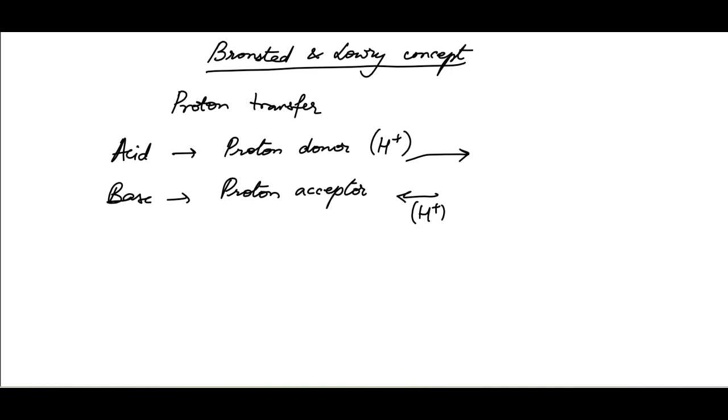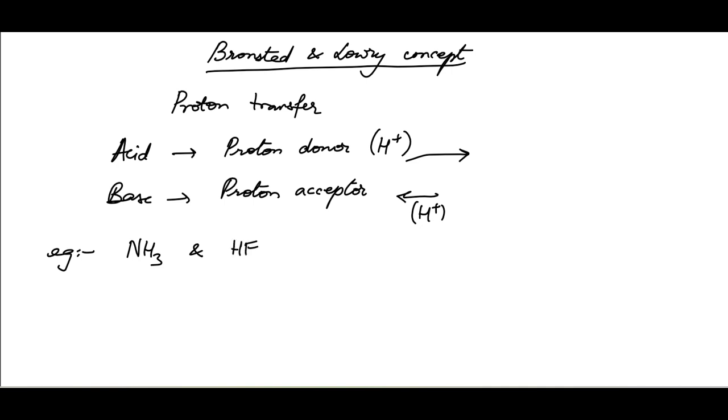Now we can say any molecule or ion capable of donating a proton or transferring a proton is an acid, and any molecule or ion that can accept a proton is the base. So let's take an example, ammonia. Ammonia doesn't contain OH minus ion, so we cannot directly say it's a base based on the Arrhenius concept. But based on this concept, let's see the reaction between ammonia and hydrogen fluoride.